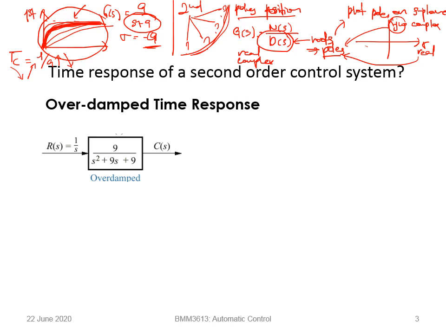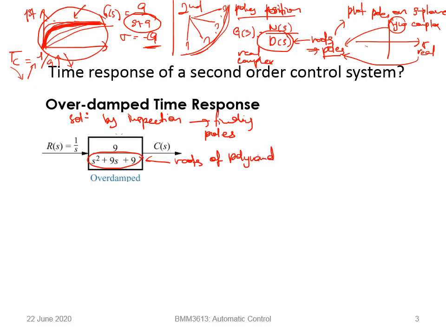So what does it mean to find the poles? Finding the poles means finding the roots of the polynomial in the denominator, right? So let's find the roots of the polynomial in the denominator.